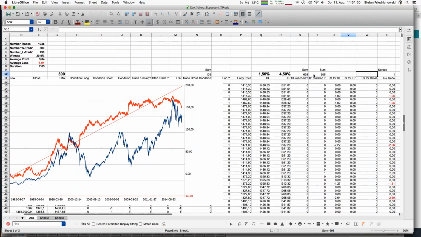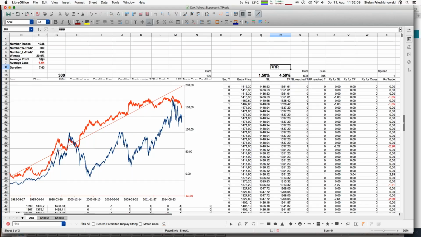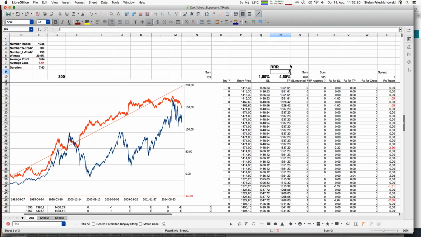And in order to have that Excel sheet a little bit more like I mentioned in my slide, I don't want to have the take profit in percent. I want to have it as a multiplier of my stop loss. So the risk reward ratio, and in this case it should be a 3. And so we do the calculation like this.